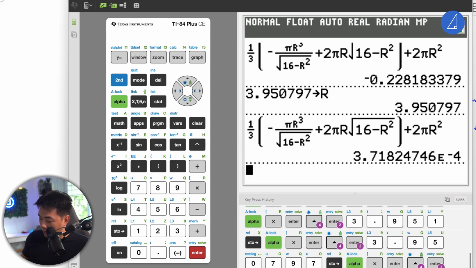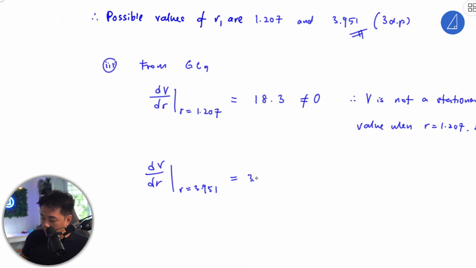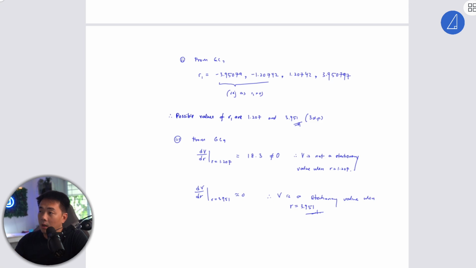So 3.718 times 10 to the power minus 4, which is 0.0003718. Okay, so you can just write this is close to 0. Okay, and hence v is a stationary value. That's it. If you use the exact value, obviously it will be 0.